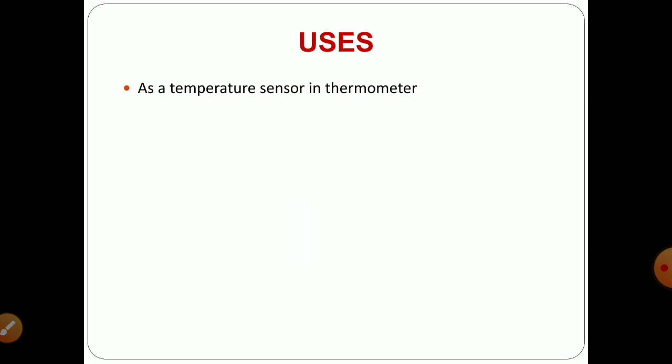So that will be the key point to determine the temperature sense in your thermometer. The next use of liquid crystal is to find the point of potential failure in electrical circuits. If your electrical circuit won't work, then what kind of reason or where the actual potential failure lies, you can determine by means of liquid crystal.